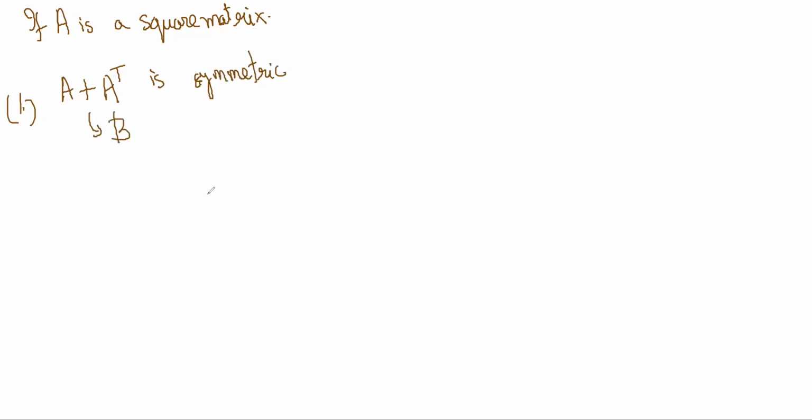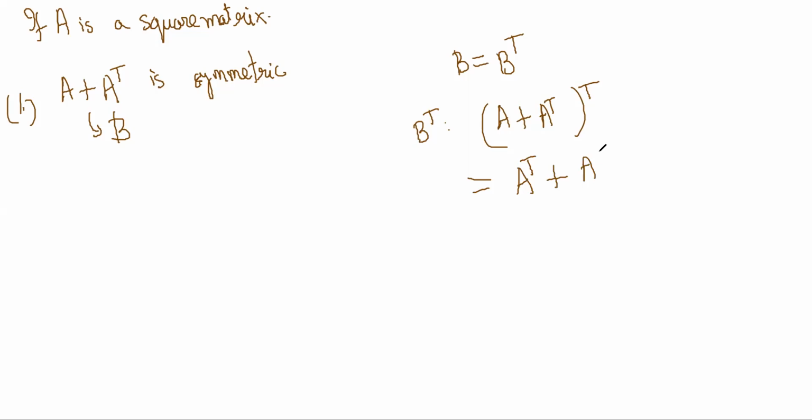Let's call this B. You have to prove basically B is equal to B transpose. So let's try to find out what B transpose is. A plus A transpose, you have to take the transpose of this thing. That is just going to be A transpose plus A transpose transpose.